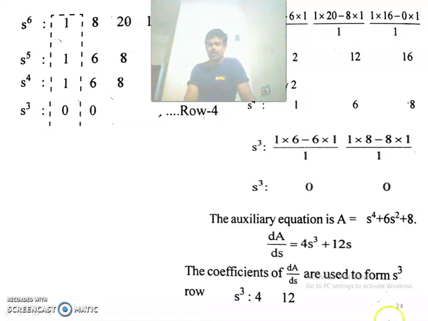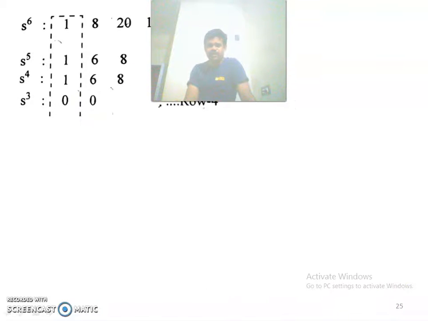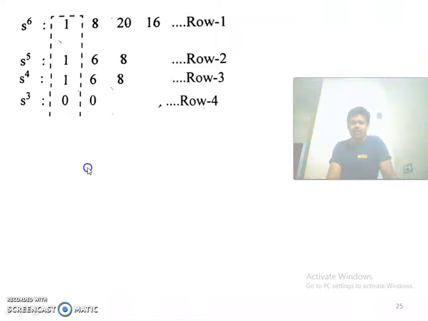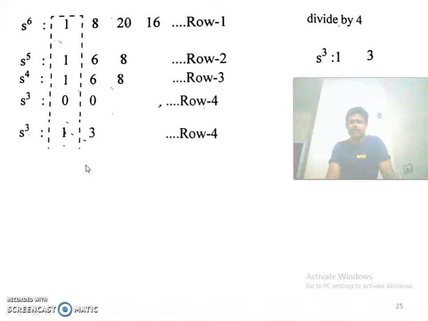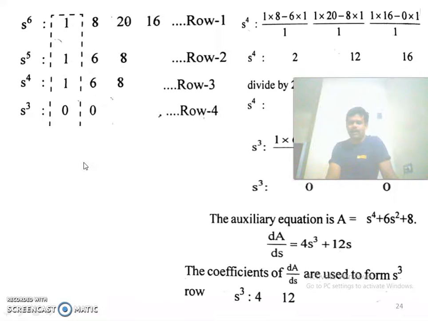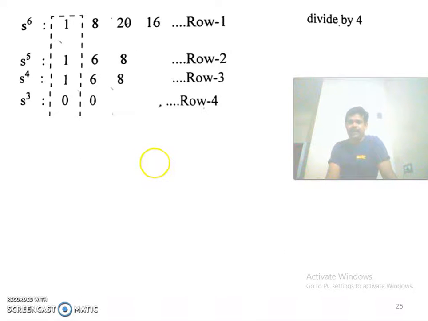S cube we have to put 4 and 12. It can be divided by 4, so 1 and 3. So instead of s cube we are putting 1 and 3.